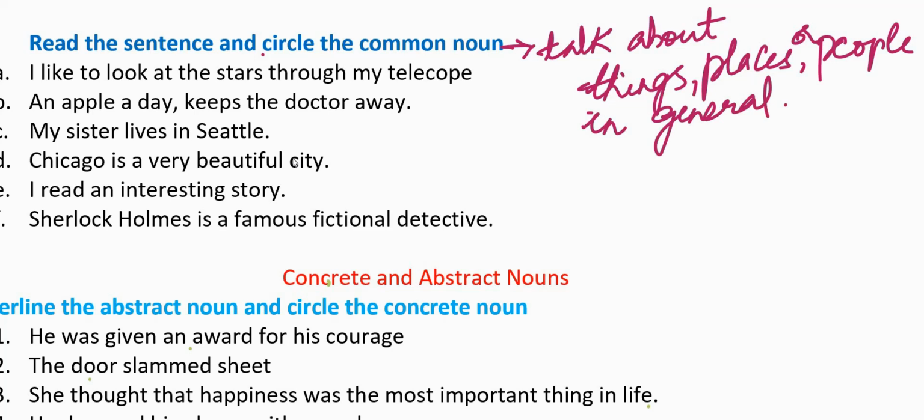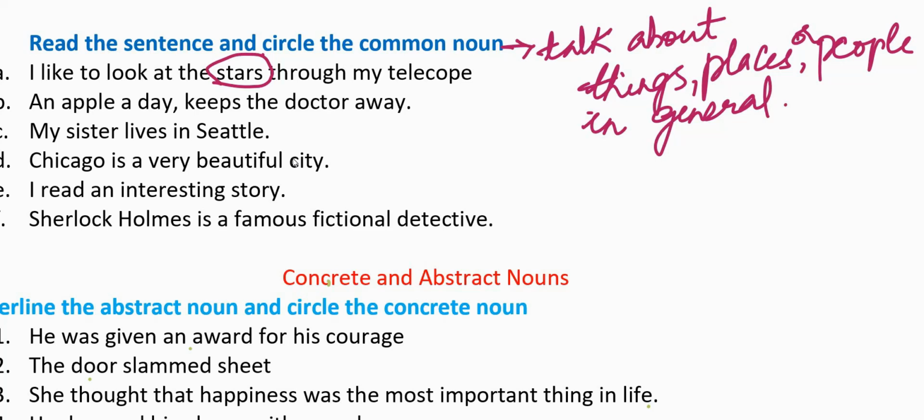Let us look at the first sentence. I like to look at the stars through my telescope. Can you identify what is a common noun? There are 2 common nouns in this sentence. Number one is stars. When I say stars, I'm not referring to a particular group of stars.